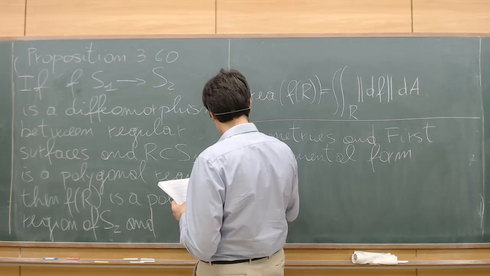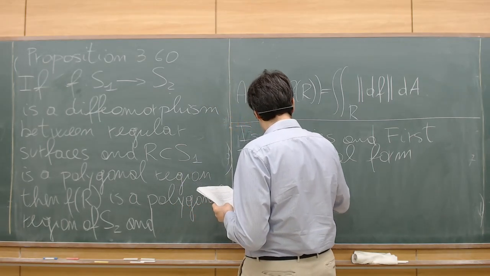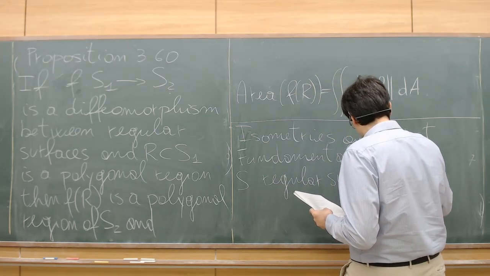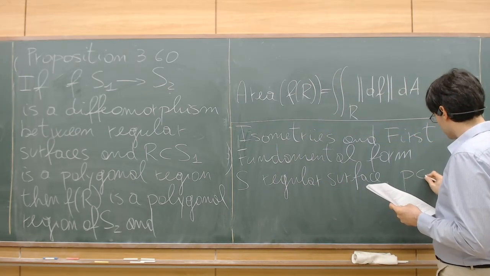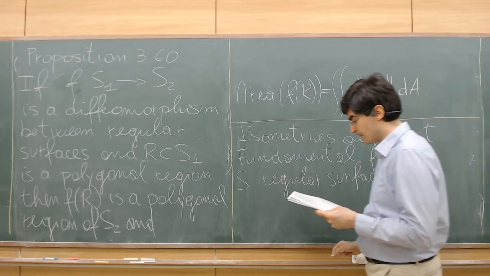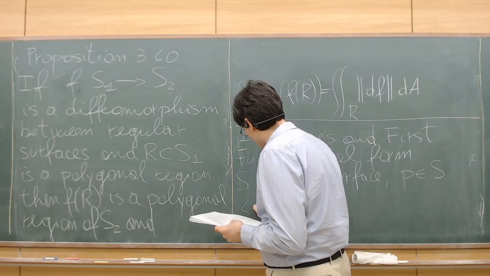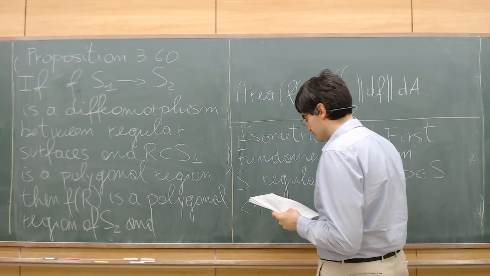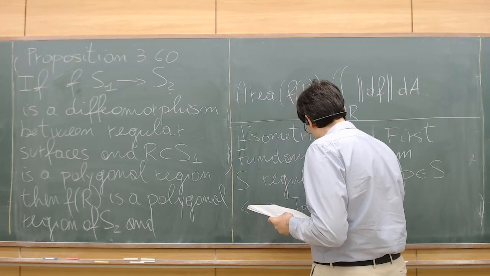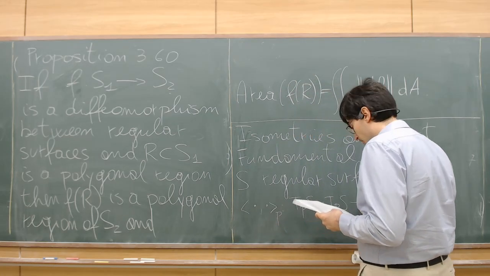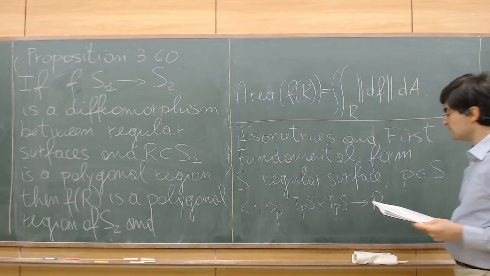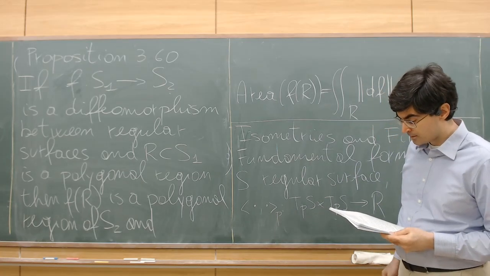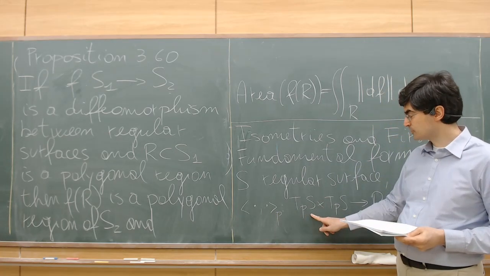So suppose that S is a regular surface, P is a point of S, then when I write this way, this is the restriction of the inner product to pairs of vectors in TPS.